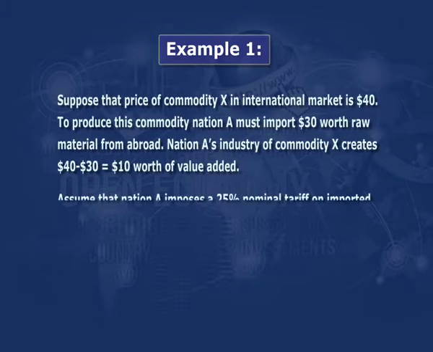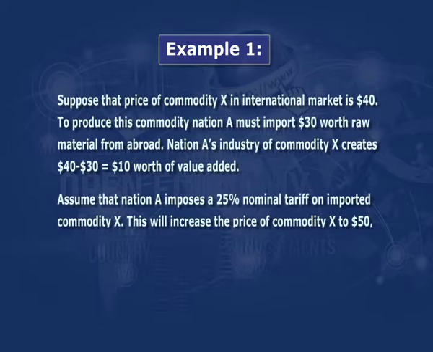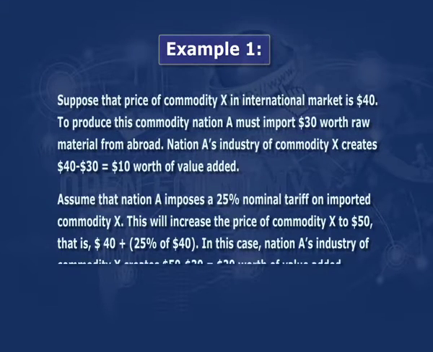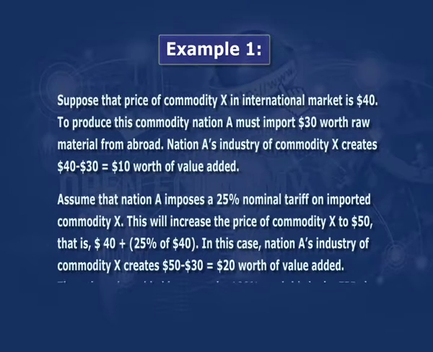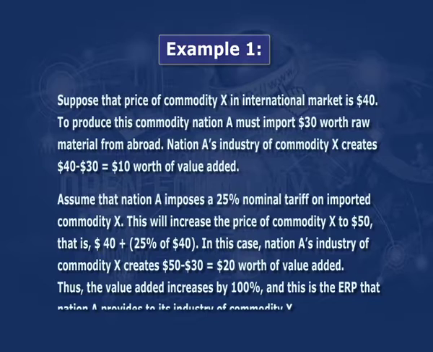Assume that nation A imposes a 25% nominal tariff on imported commodity X. This will increase the price of commodity X to $50, that is $40 plus 25% of $40. In this case, nation A's industry of commodity X creates $50 minus $30, that comes to $20 worth of value added. Thus, the value added increases by 100%, and this is the ERP that nation A provides to its industry of commodity X.